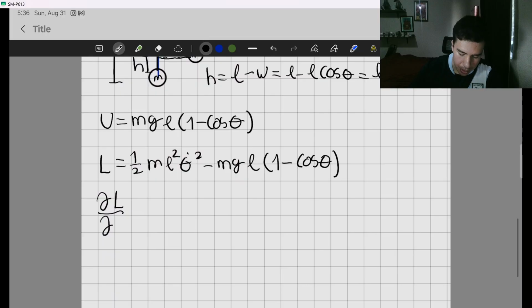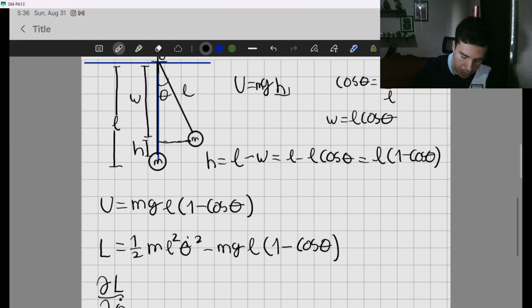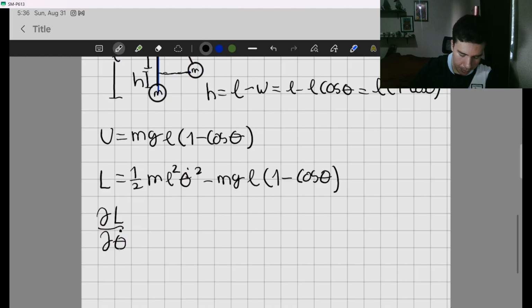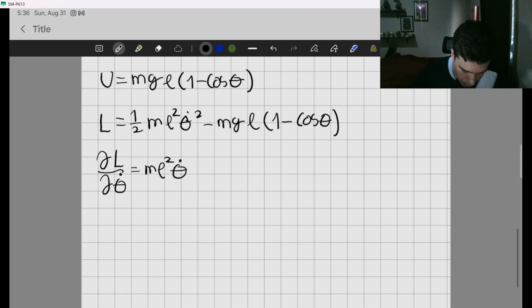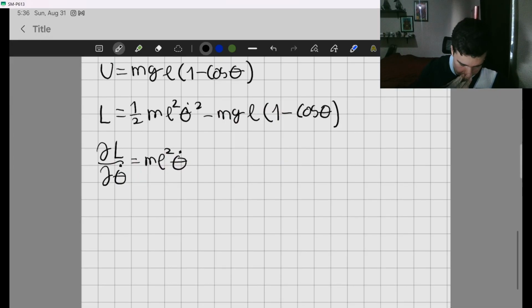So we can just consider one coordinate, the angle, and the only velocity, the angular velocity. So our derivative will be m L squared theta dot, and since we don't have any expression for the velocity here, it will be 0. Okay, and this will be our first part.